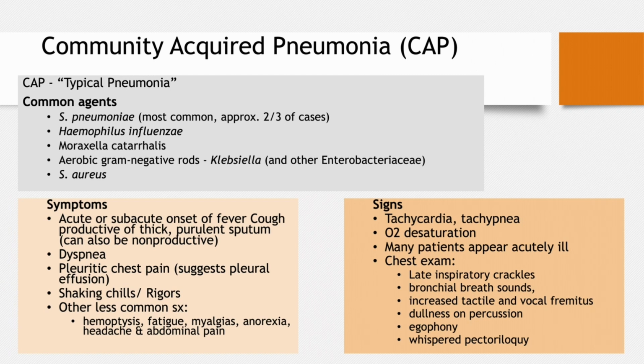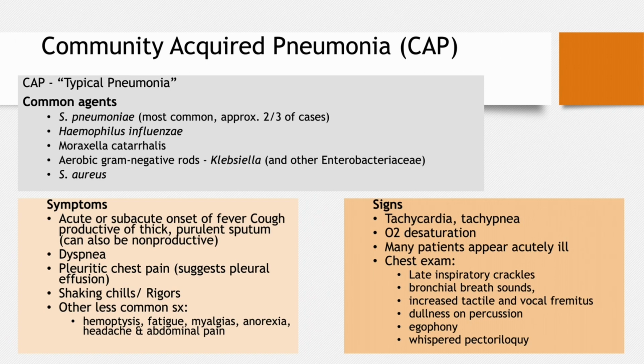As far as signs, we see signs of at least sepsis or early signs of sepsis, including tachycardia, tachypnea. If the infection is really starting to spread, it can cause oxygen desaturation, and patients tend to appear pretty ill when they have pneumonia.